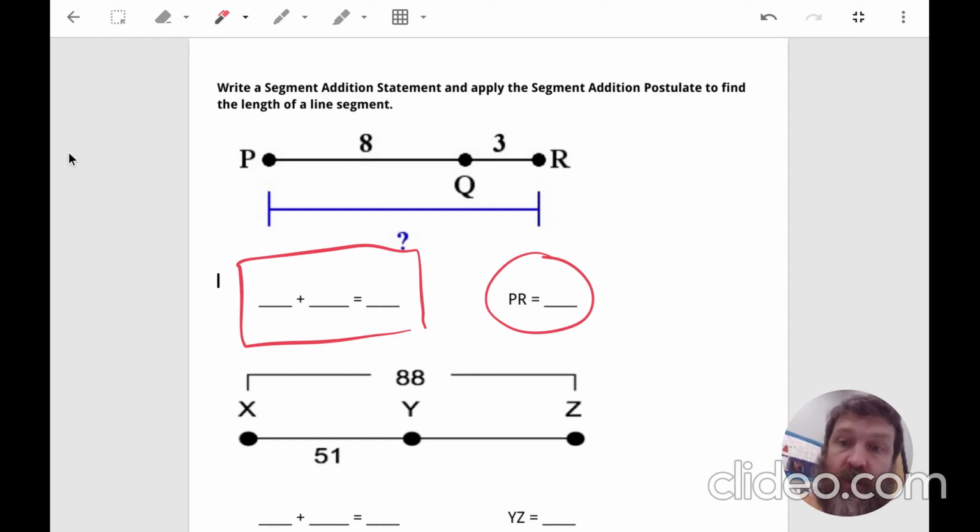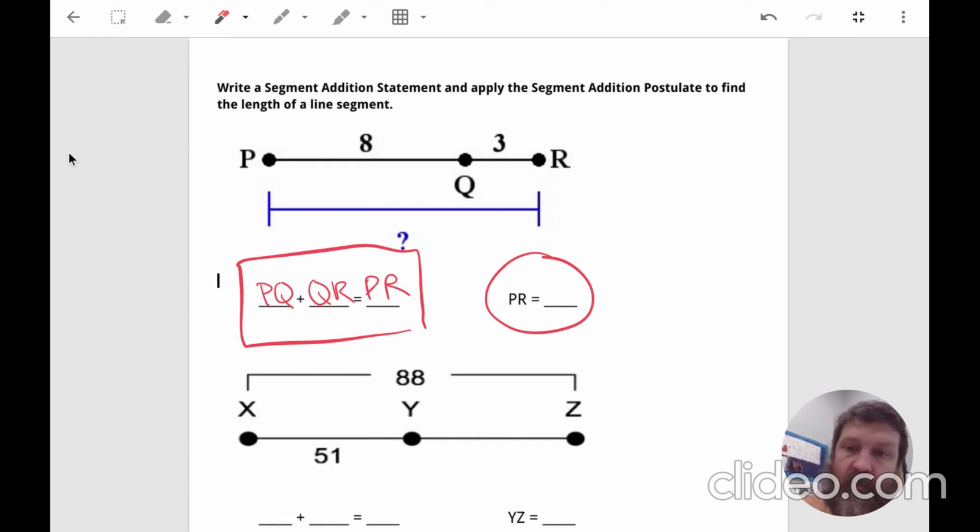We have PQ, we have QR. Those are being added together. That's this segment marked with an 8, and that's this other segment marked with a 3. Those are the 2 smaller segments. Together they add up to make PR. So your statements always look like that.